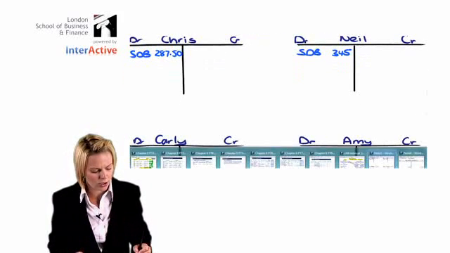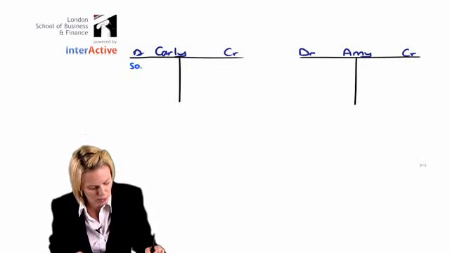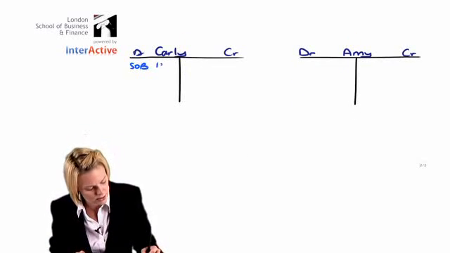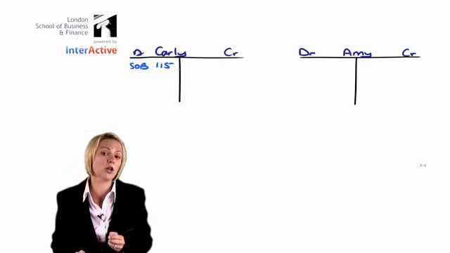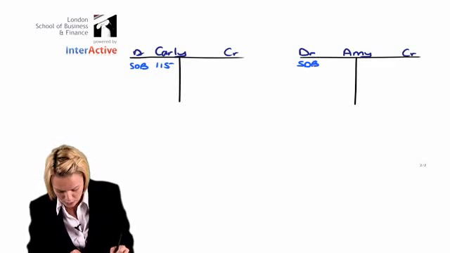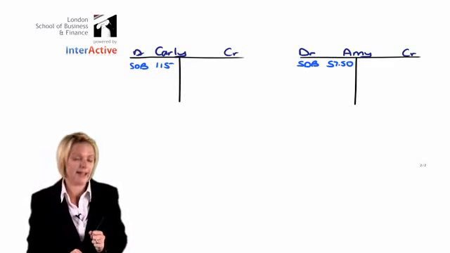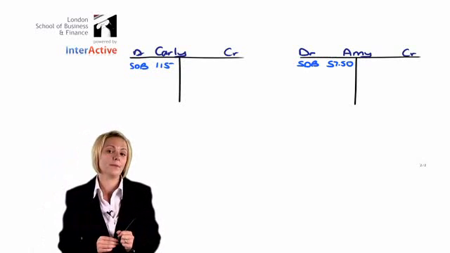If we then look at Carly and Amy, Carly's sales day book, we said that she owes us $115 gross, and Amy from the sales day book, well, she owes me $57.50, again, the gross amount.